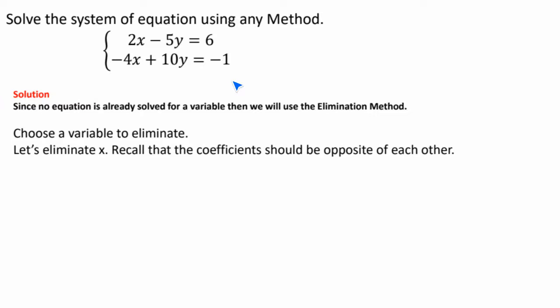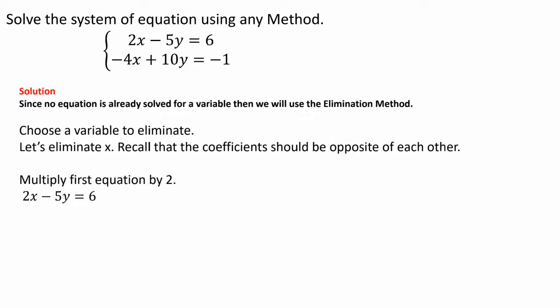I'm going to get rid of those x's. Here I have a -4 for x and I have a 2 for x, so I need them to be opposites of each other. I know if I multiply the 2 by a 2, then I would have that 4. So I'm going to take that first equation and multiply it by 2. Okay, so let's go ahead and do that.